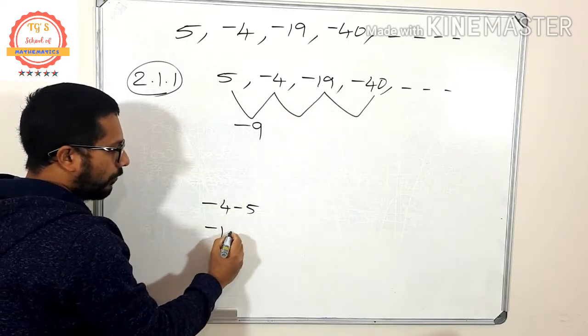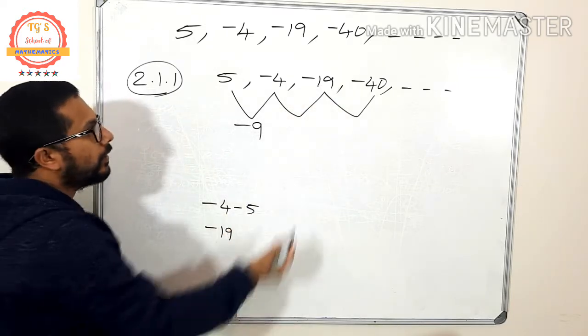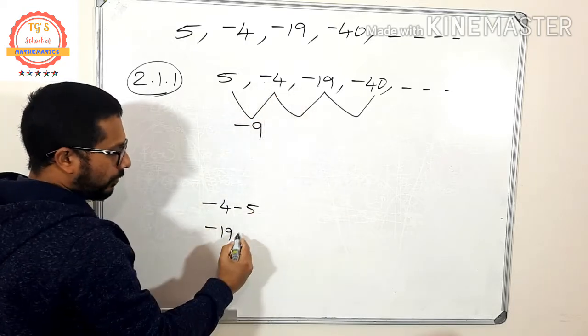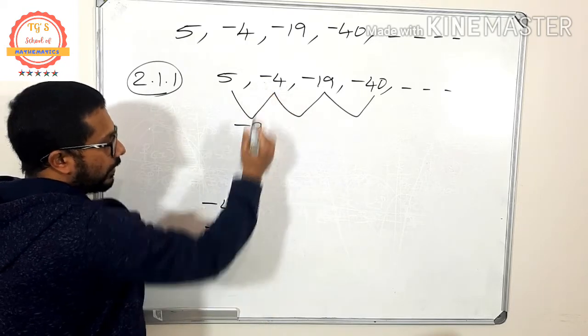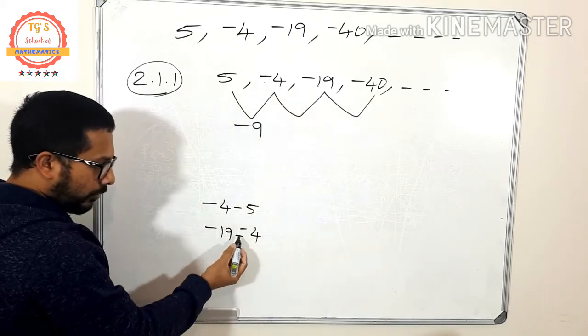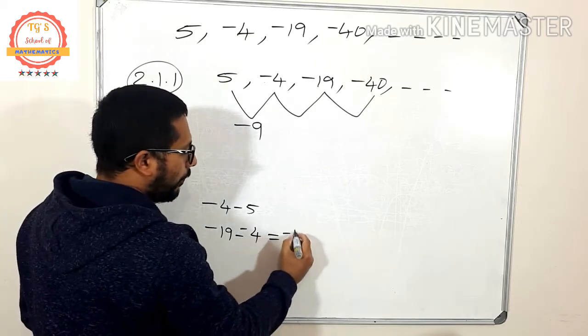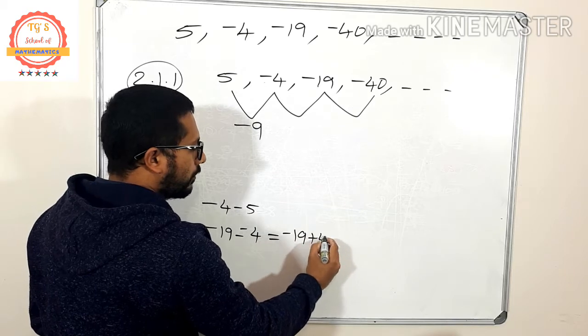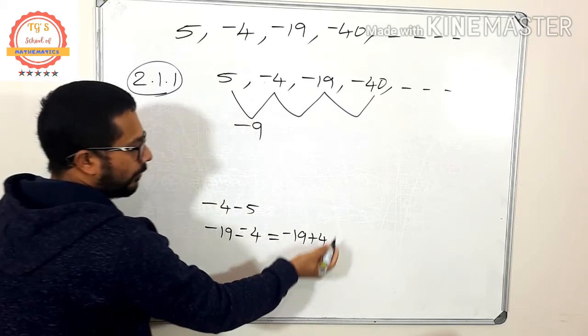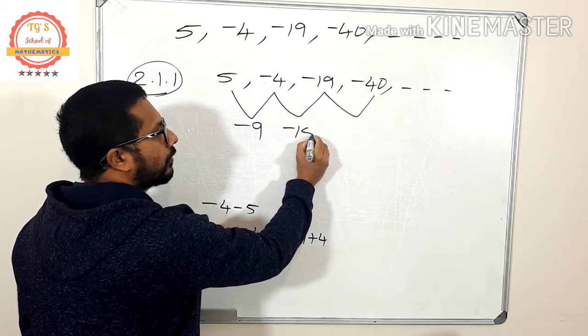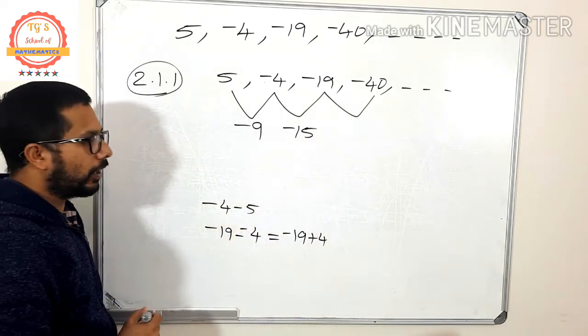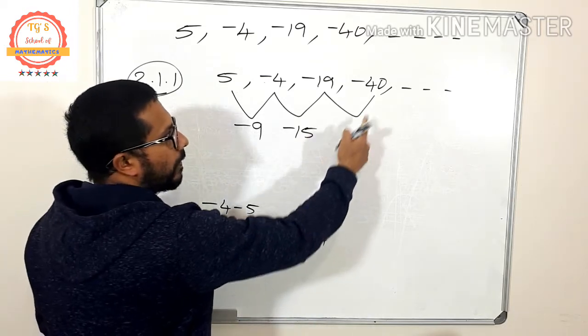There you must be careful. Minus 19 minus minus 4. What is the second term? Minus 4. So you can see that this minus minus is plus. So it is minus 19 plus 4, which is minus 15. Now how can you find the next term?